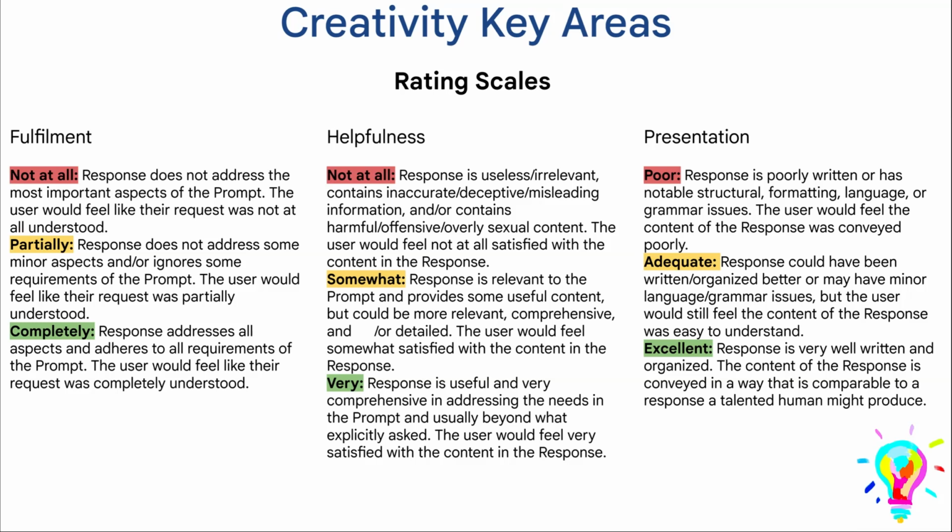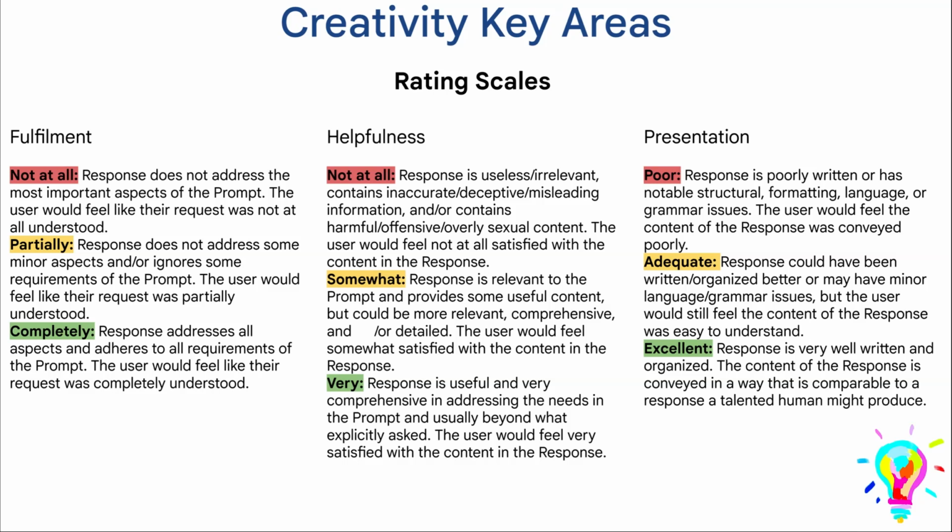Helpfulness. Not at all. Response is useless or irrelevant, contains inaccurate, deceptive, misleading information and/or contains harmful, offensive, overly sexual content. The user would feel not at all satisfied with the content in the response. Somewhat.